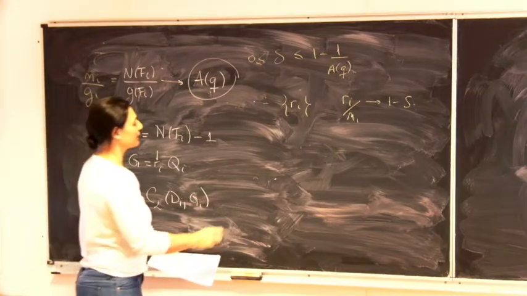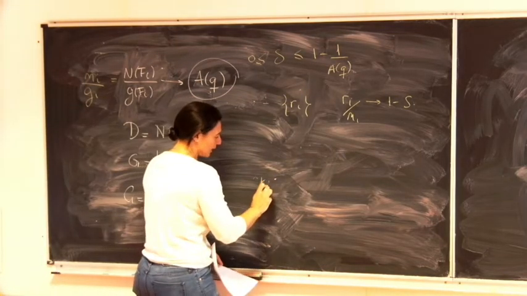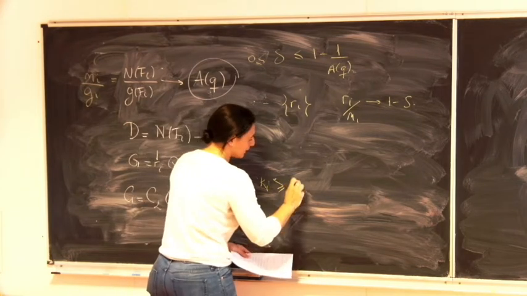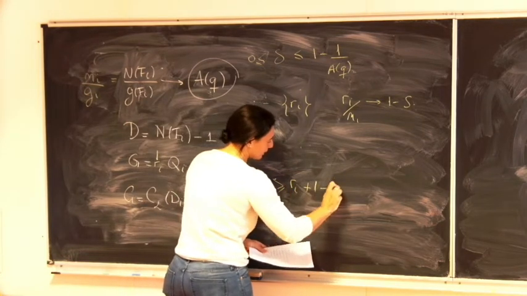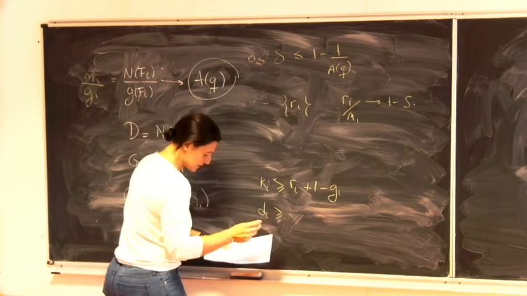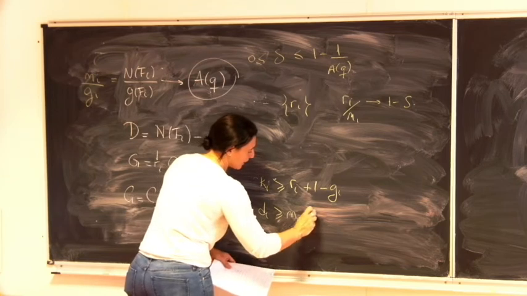And so with that, the dimensions of these codes that I constructed are bigger or equal than Ri plus 1 minus the genus of the function field, and the minimum distance satisfies that it is at least Ni minus Ri.